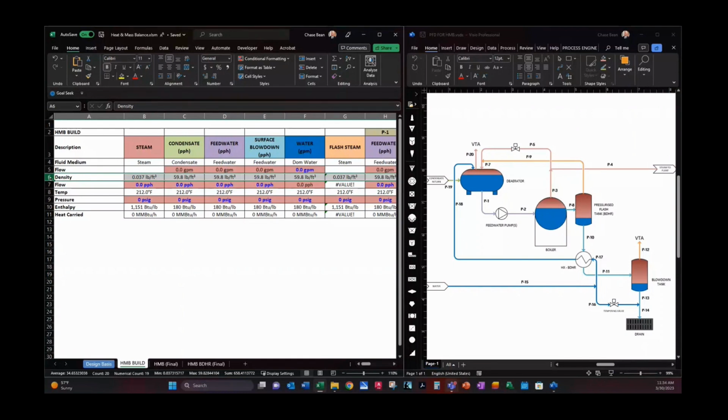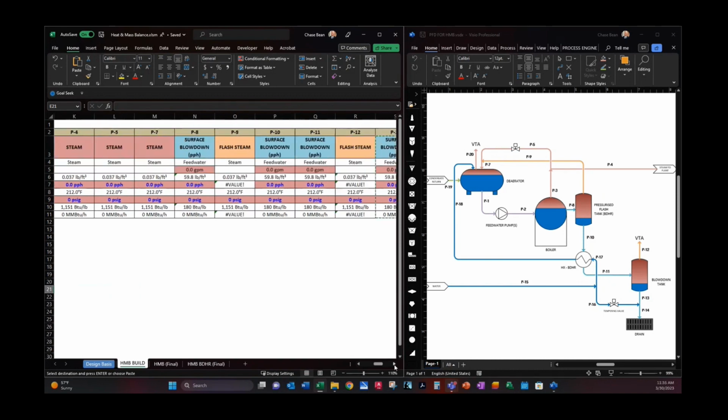You can do this just by manually looking up these properties, but I would highly recommend having some sort of automated property lookup. You can do that however you want. It doesn't have to be a macro. It could just be an Excel version of steam tables, and you have lookups going on. But you definitely want to get this set up first.